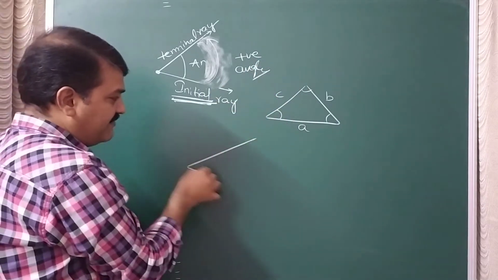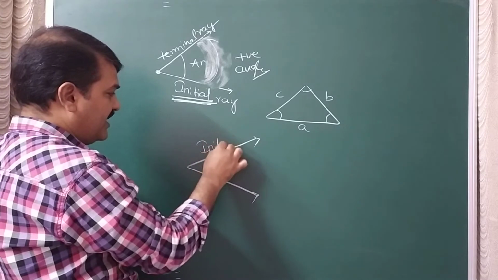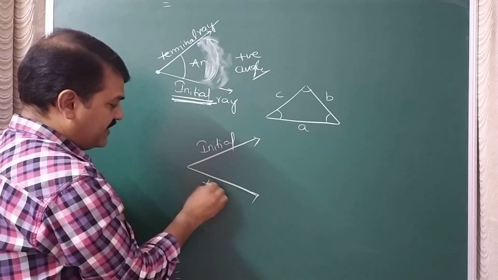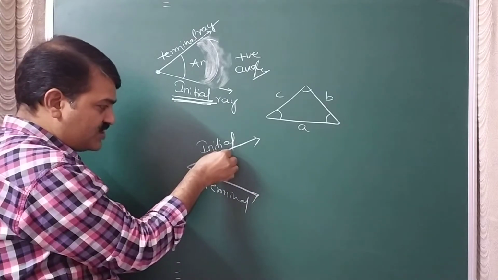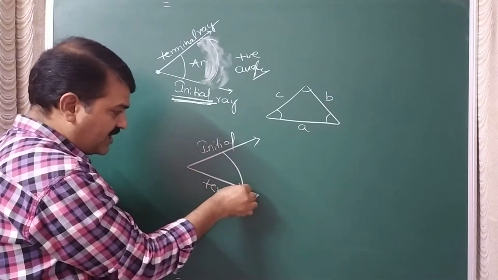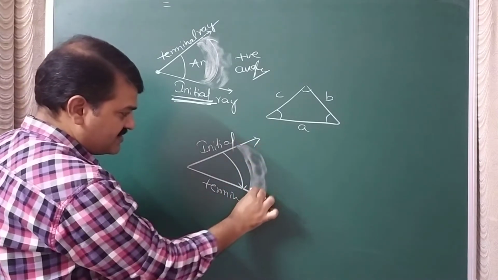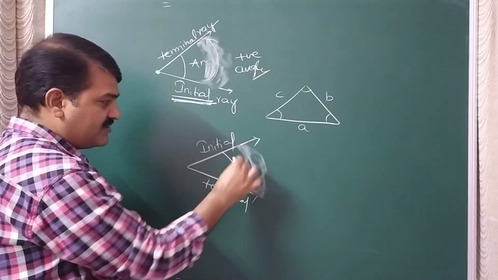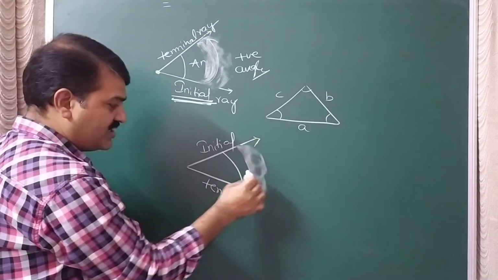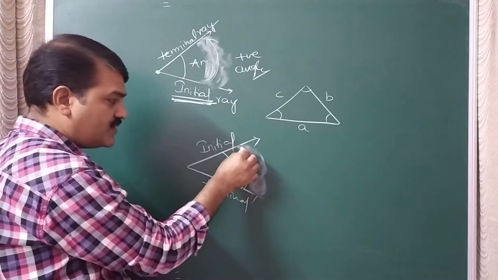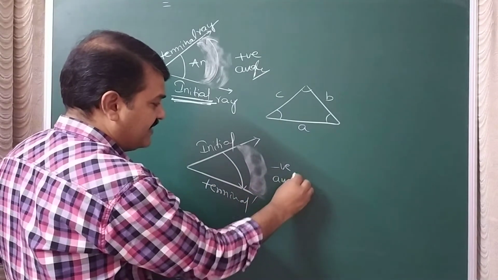Starting from the initial ray, here, and taking the terminal ray here, if you rotate in the clockwise direction to reach the terminal ray, whatever angle you get is a negative angle.